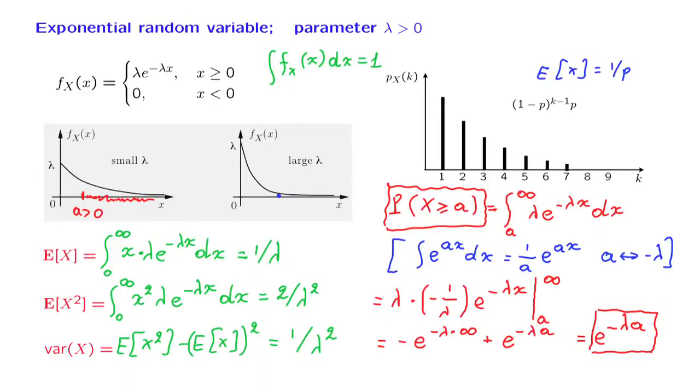Generally, it models the time that we have to wait until something happens. In the discrete case, the geometric random variable models the time until we see a success for the first time. In the continuous case, an exponential can be used to model the time until a customer arrives, the time until a light bulb burns out, the time until a machine breaks down, the time until you receive an email, or maybe the time until a meteorite falls on your house.